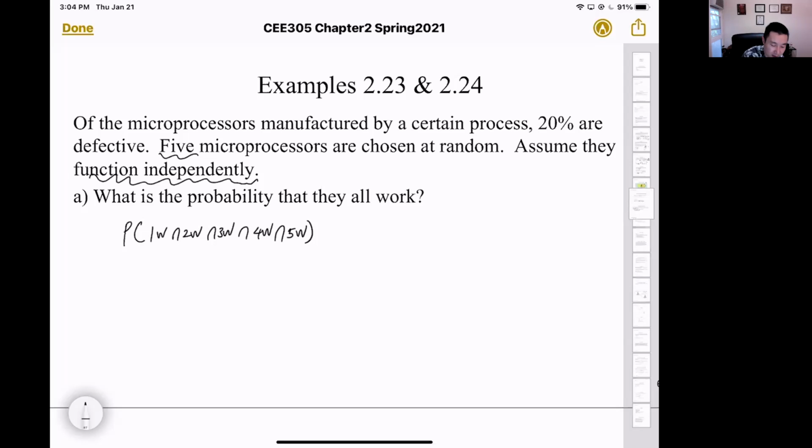Because they function independently, we simply use P(first works) times P(second works) times up to P(fifth works), which will be 0.8 to the power of 5.